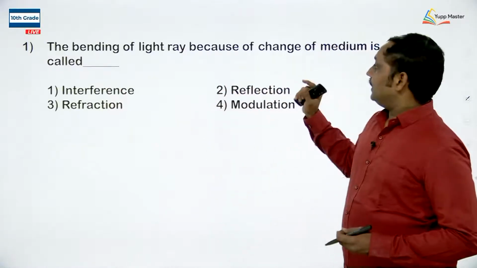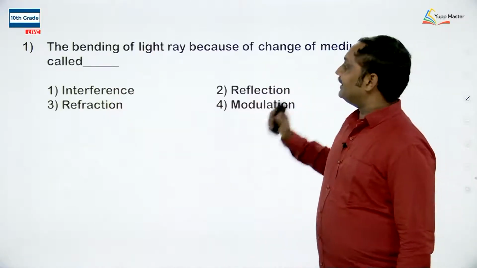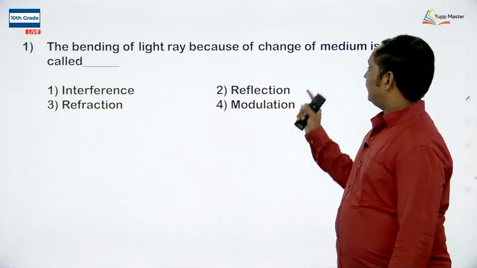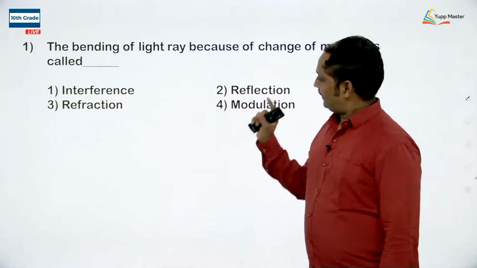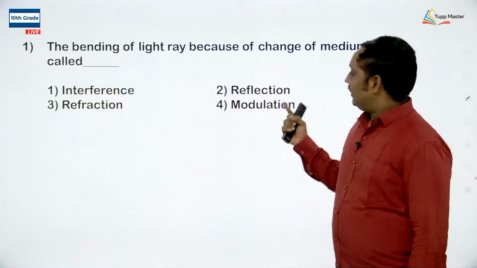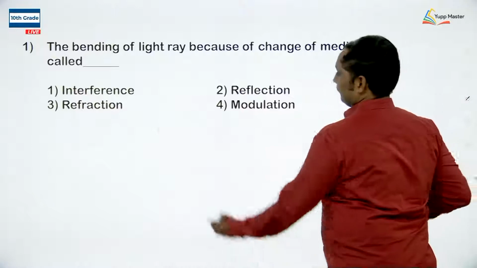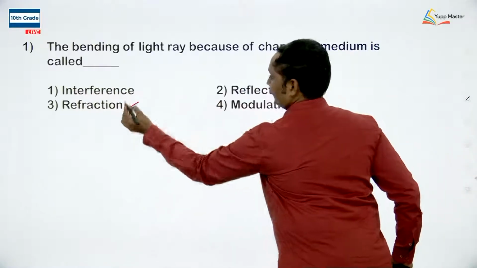Here, the bending of light ray because of change of medium is called: interference, reflection, refraction, and modulation. The possibility is the third option. Yes, this is the correct answer.